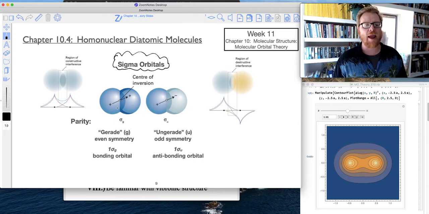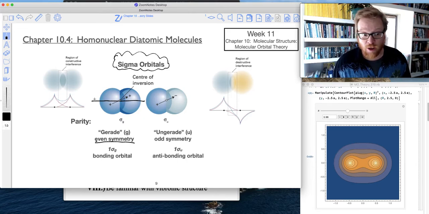As it turns out, a bonding sigma orbital has what we call even symmetry, which in German is gerade. We create this even symmetry by drawing a plane through the center of the internuclear axis. I'm drawing a line right down the internuclear axis, and I start below that line and go above that line.